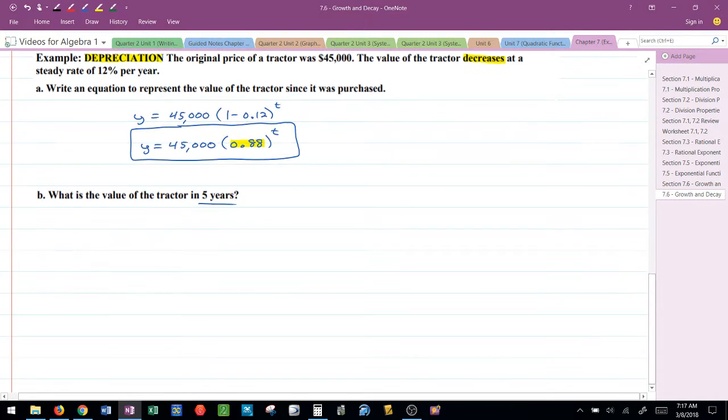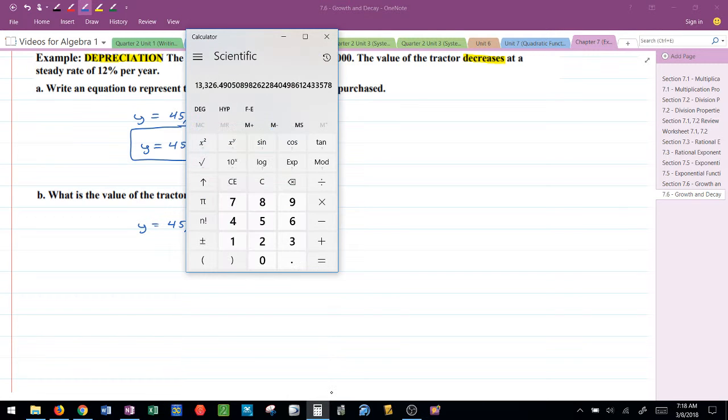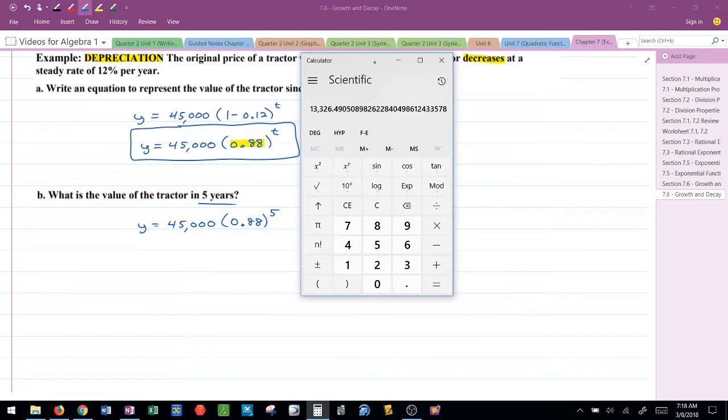So I'm going to take that equation, and where I have my t, I'm going to substitute in 5. So now I go to my calculator again, and I have 0.88 raised to the fifth, get that answer, and then multiply that times 45,000.